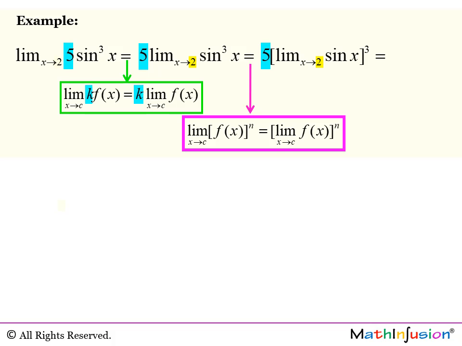Now I know that sine x is a traceable function, so I can just substitute 2 in the limit. And I get that. As you can see, those properties allow me to find limits of many functions.